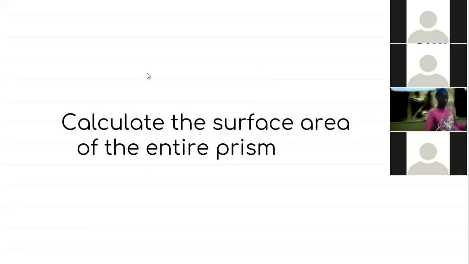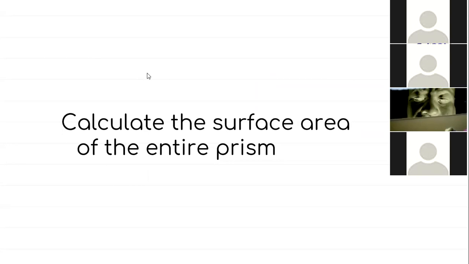Yes, Huapele, we are calculating the faces, the area of the faces there. All right, so in the prism we've got about 3 of those. Can we now calculate the area?